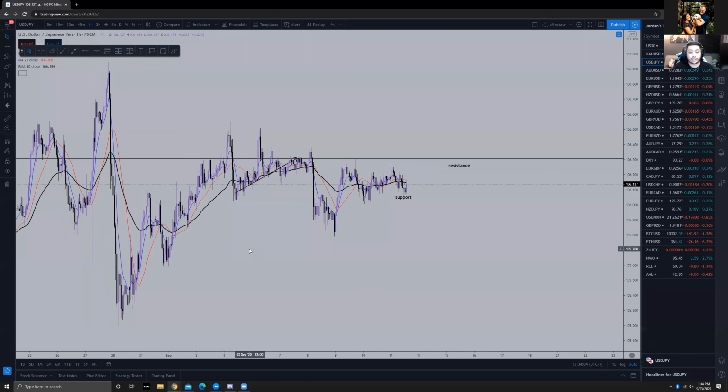Price works in patterns. Historically, it'll continue to do the same thing over and over again. So if there's a place where price has had a reaction at either support or resistance, then we can safely assume that price is going to have a reaction again in the future. That's why it's important to know where these areas are.